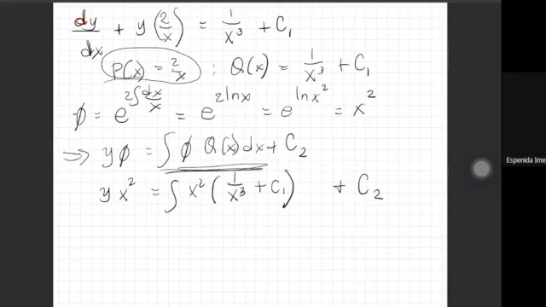So there's no need to include c sub 2 in the integration, because that is actually part of the process of integrating the second time. And so we have here y times x squared, and then we will integrate this one. But first, we have to simplify by distributing x squared to both terms inside the parentheses.